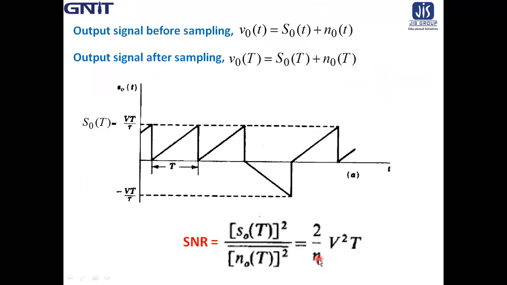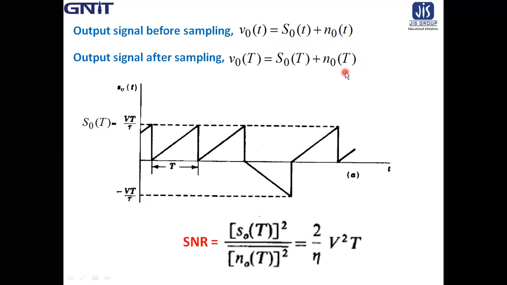So the output of the integrator before sampling the switch is v0(t) equal to s0(t) plus n0(t).